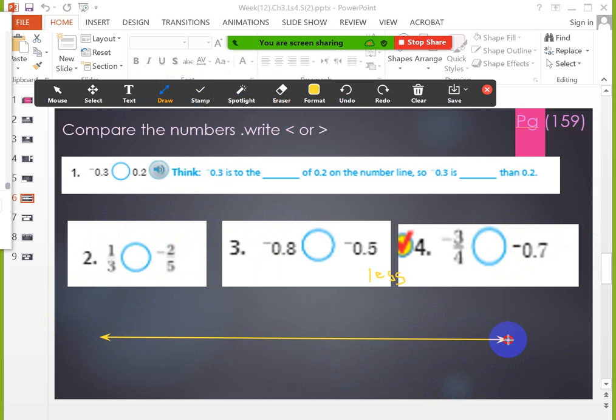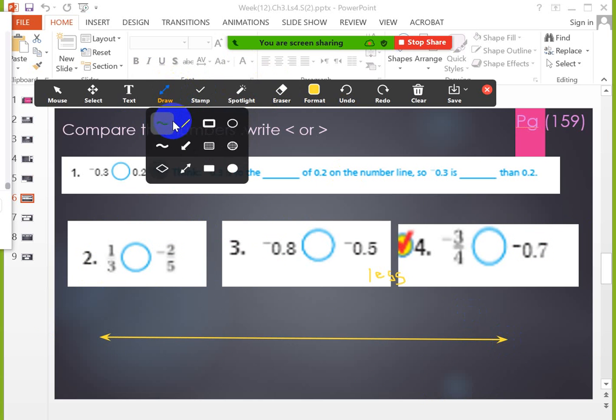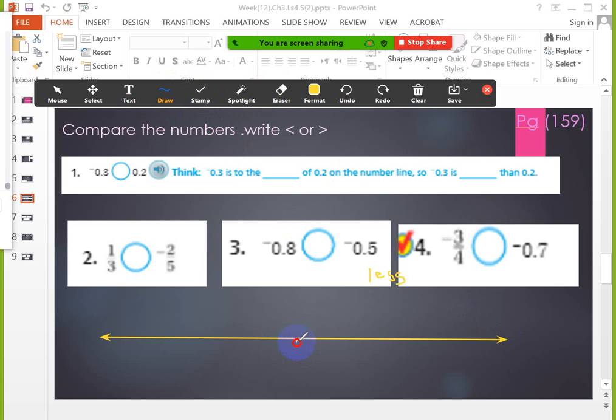If I have a number line like this and divide this number line, and this is 0 in the middle, as we said, and I want to put negative 0.3, it will be between 0 and negative 1. So it will be where?